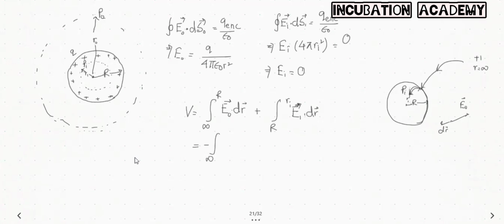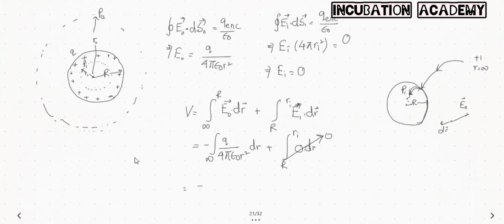So Eo dot dr basically becomes minus Eo dr, and if I put the value, this will be Q divided by 4 pi epsilon naught r square dr. And from capital R to Ri, this will become 0. Why? Because Ei is 0, so the dot product basically turns to 0.